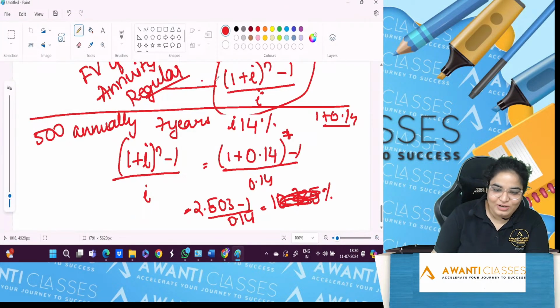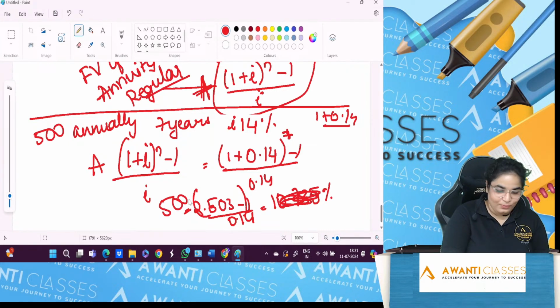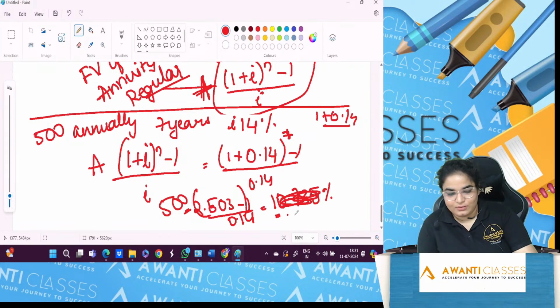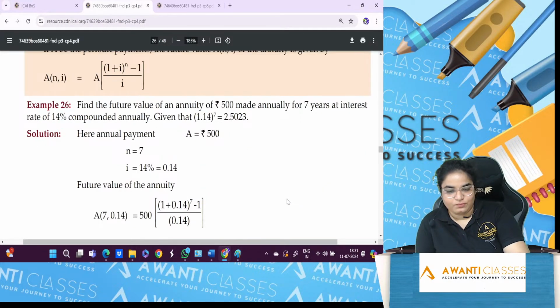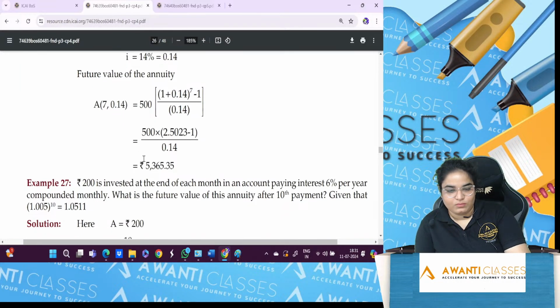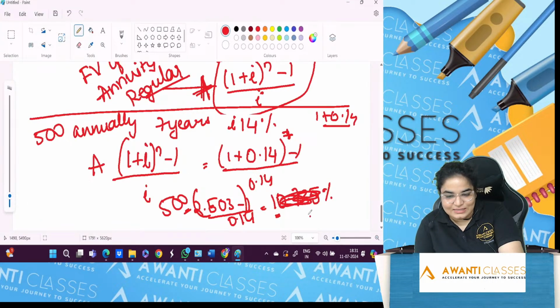Sorry. The formula here is also A into, like interest. So this whole thing will be 500 into 2.503 minus 1 divided by 0.14, which is 5365.